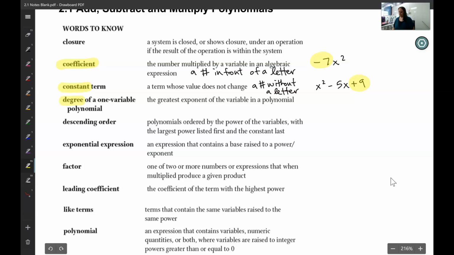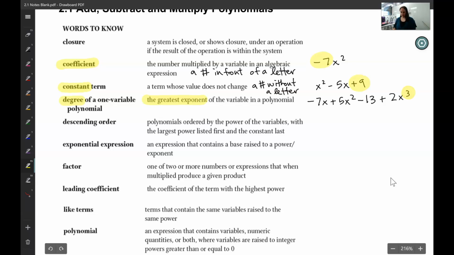This next one is extremely important. I'm going to come back to it again and again and again: degree. Now let's say I write out a polynomial, which we'll define in just a minute. So like negative 7x plus 5x squared minus 13 plus, let's do 2x cubed. The degree of this polynomial is the greatest exponent.